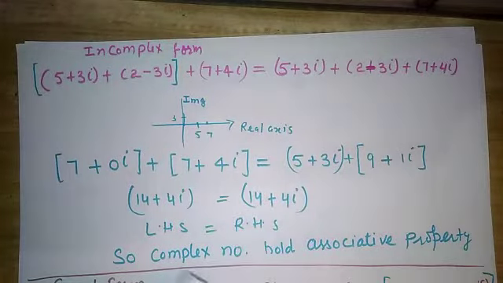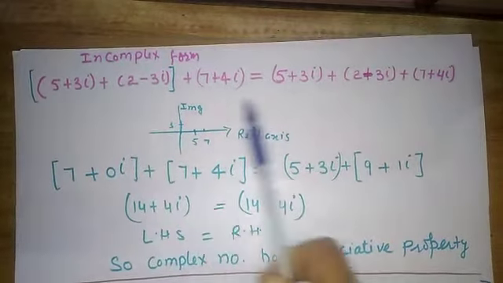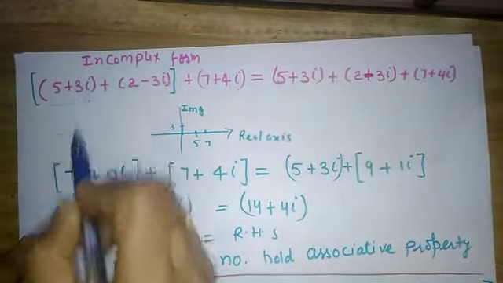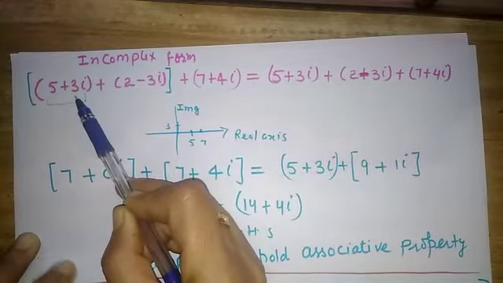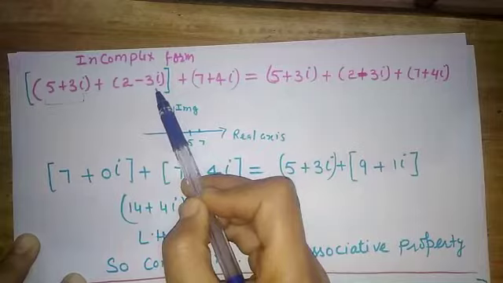Now, if I want to continue for the complex number, I will take an example of this type. Here I have this first complex number which is in the form of a plus b iota. This is also in the form of a and b iota.